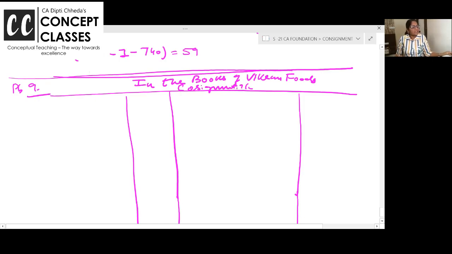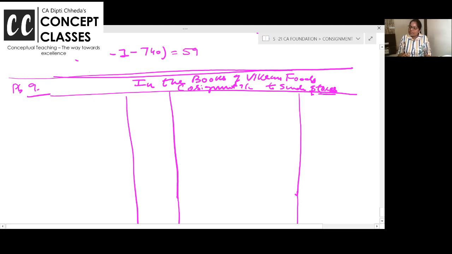Consignment account is just like a trading account, and this time we have sent consignment to Sundar Foods. You know, we can have so many consignment accounts for different parties.